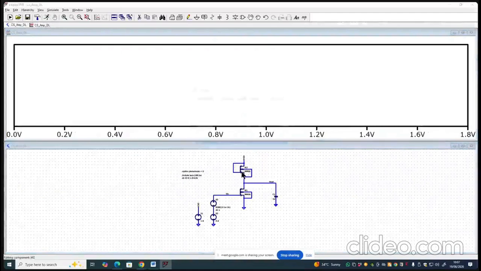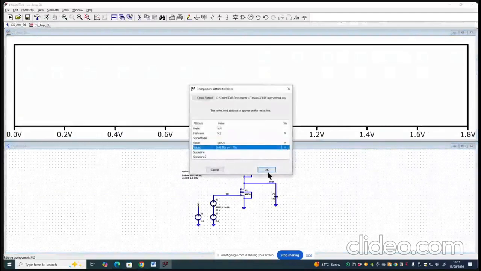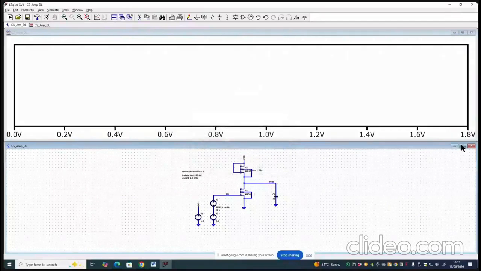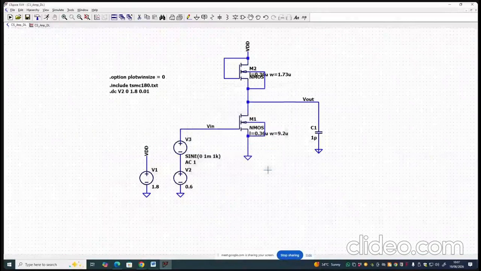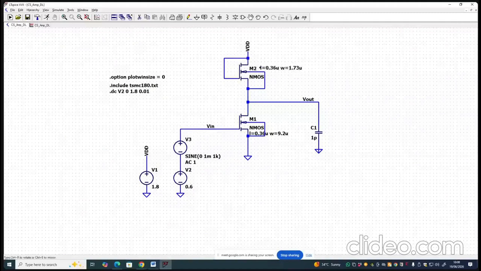Okay, let's also see the width of these transistors on the schematic. That actually helps us. So I will place it here. This I will place here.